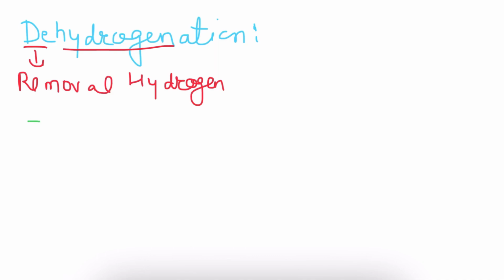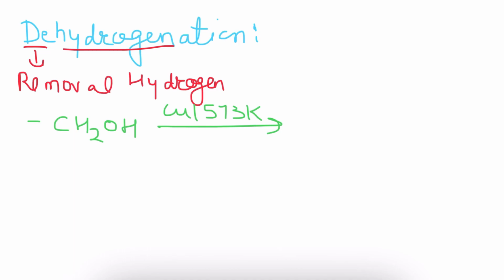Let's take a simple example here. I am taking primary alcohol, CH2OH. This primary alcohol with copper at 573 Kelvin undergoes a dehydrogenation reaction where hydrogens are removed. One hydrogen is removed from oxygen and the second is removed from the carbon adjacent to oxygen. This results in the formation of a carbonyl compound.